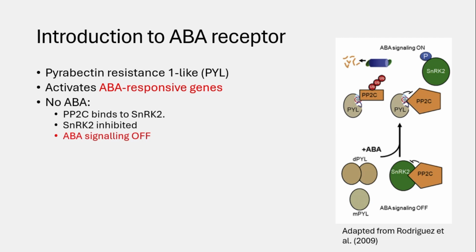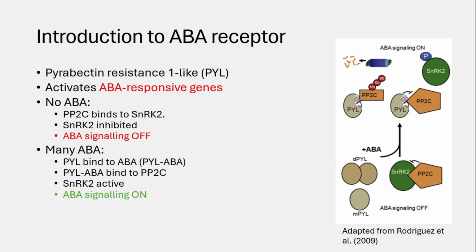If there is no abscisic acid, ABA, then protein phosphatase 2C, PP2C, an inhibitor of SnRK2, will continue to bind to SnRK2, inhibiting its activity, so the ABA signaling becomes off.